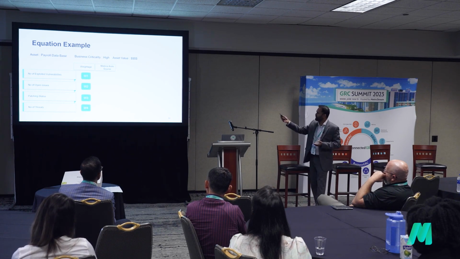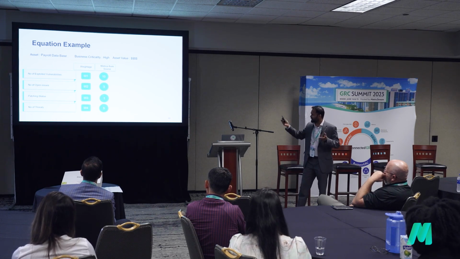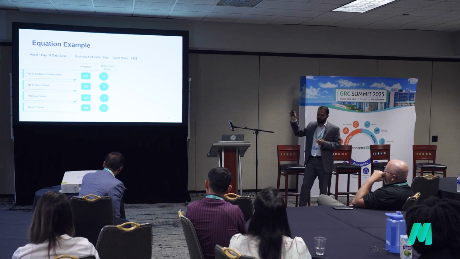Once you do that, based on the APIs that you have developed, you would get a feed for that specific asset showing how many of them you have found. There are 10 exploited vulnerabilities for that asset. The patching status is unpatched, so you have a number of 1, and then your number of threats: there are 5 threats from your threat intel report that are attributable to that asset.